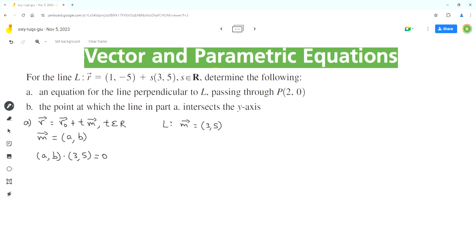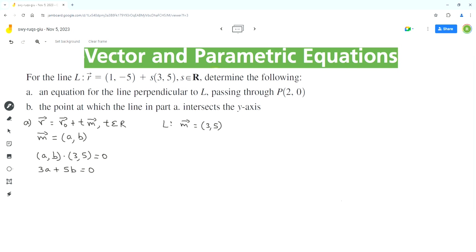This is the equation we have to solve to find the value of a and b. We can do the dot product on the left side, so we multiply the x and y components. a times 3 is 3a and 5 times b is 5b.